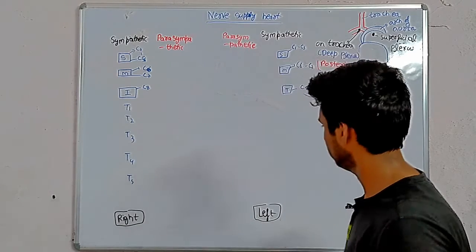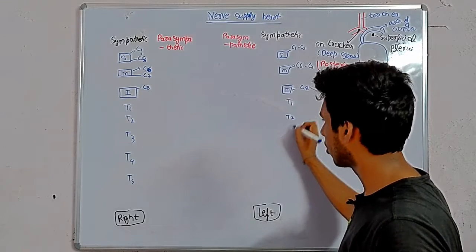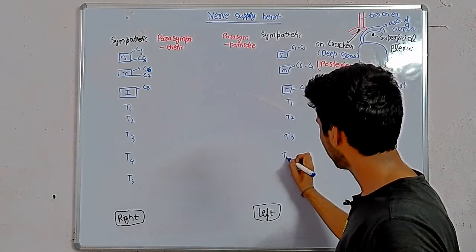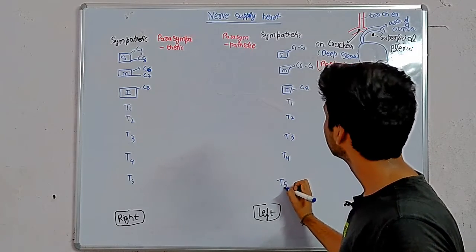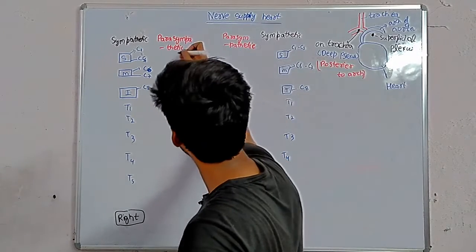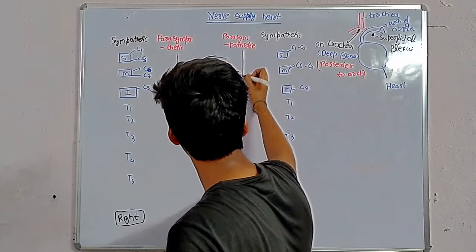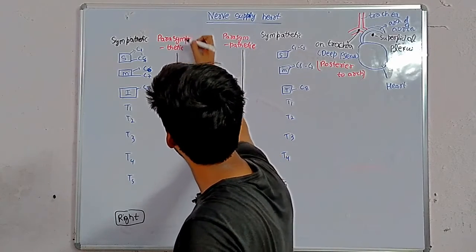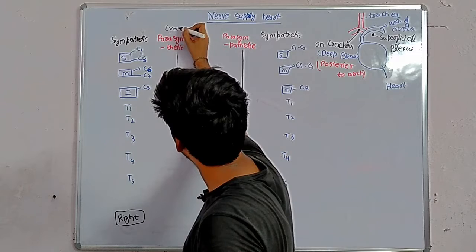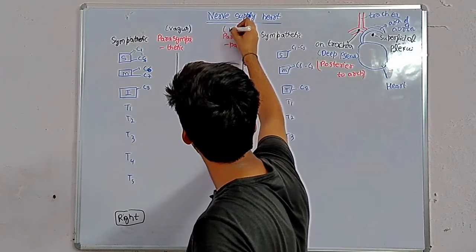Then the T1, T2, T3, T4 and T5 nerves of the thorax. The parasympathetic supply comes from the vagus nerve on both sides.